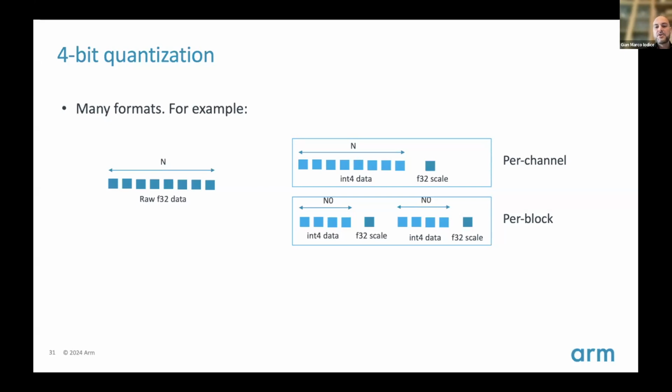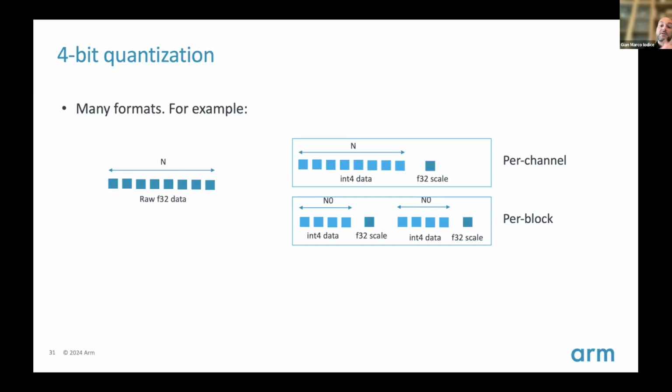For instance, you can have one quantization value for the entire array that you want to represent, or you can split the array in chunks or blocks of fixed size, and you assign a scale, a quantization parameter, for each chunk in order to avoid too much accuracy loss.